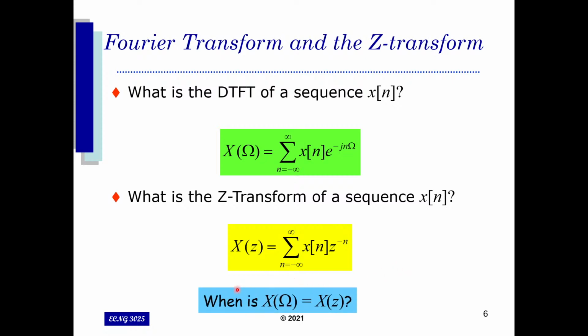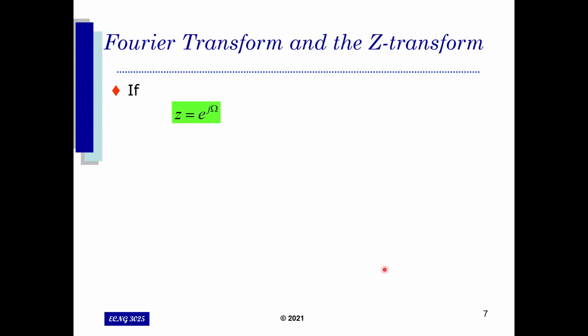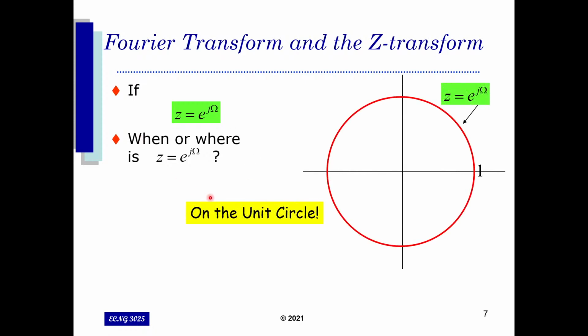So the question here is, when is the DTFT equal to the Z transform? If we let z here equal e to the power j capital omega, and the reason for this being, when is this property held true? This property is held true on the unit circle itself.